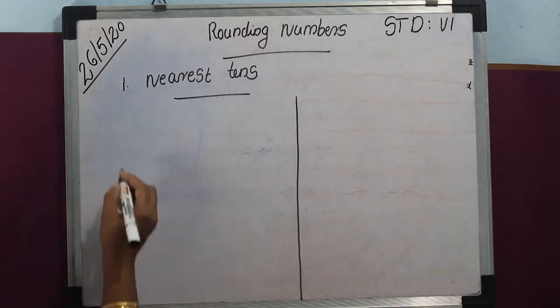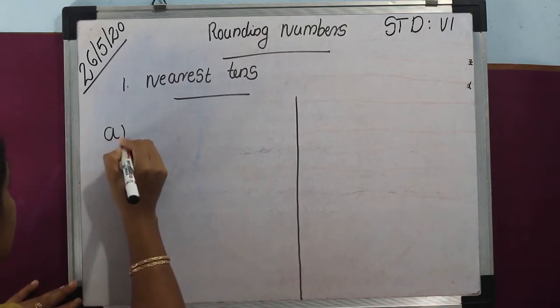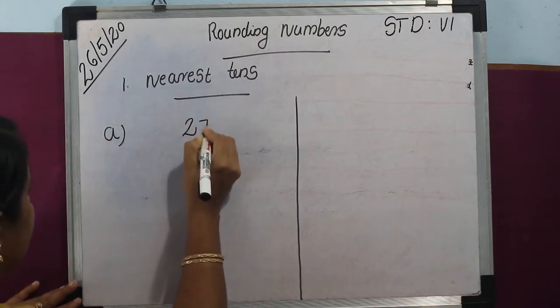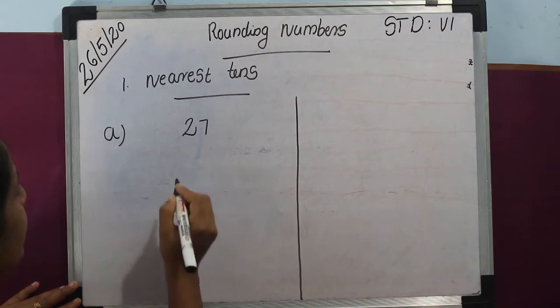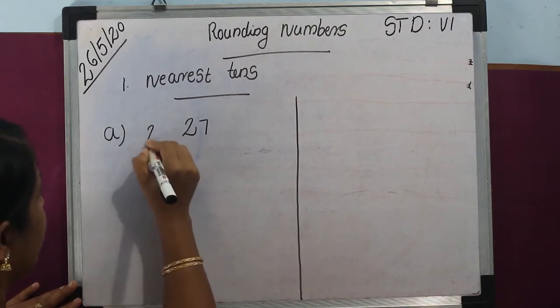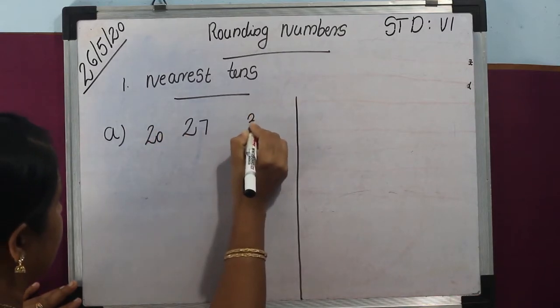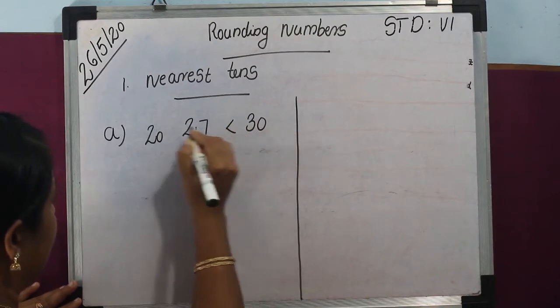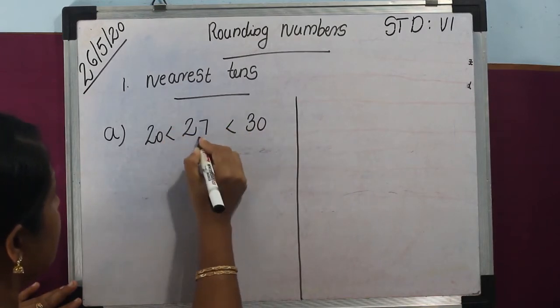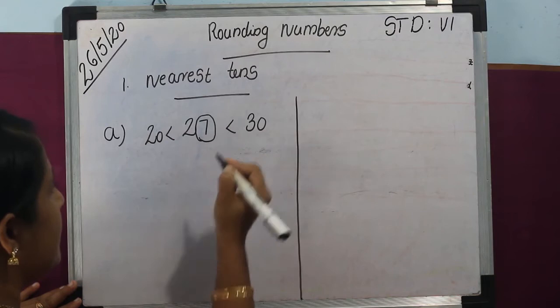Consider the examples. First example, write the number 27. We know that 27 lies between 20 and 30. Next we take the ones place value, that is 7.